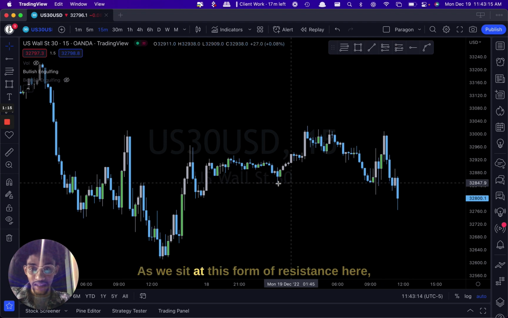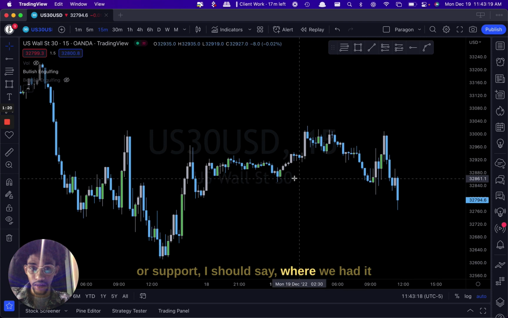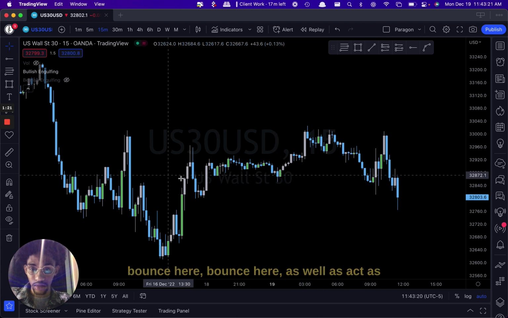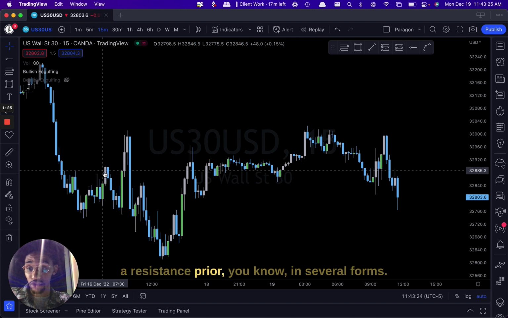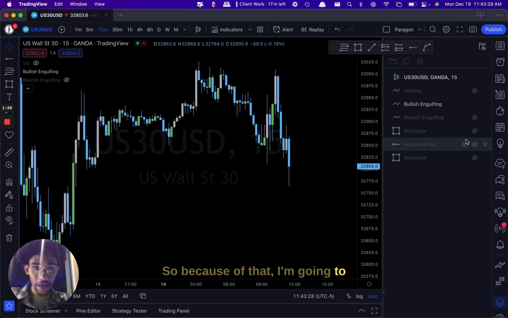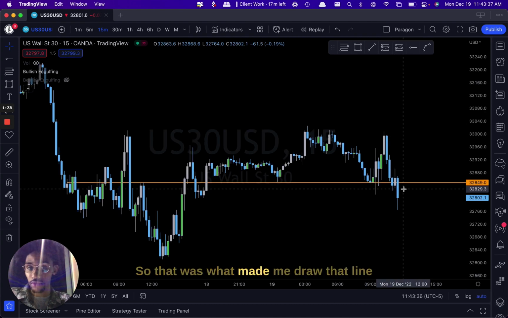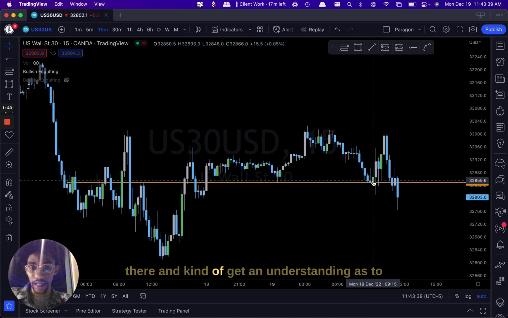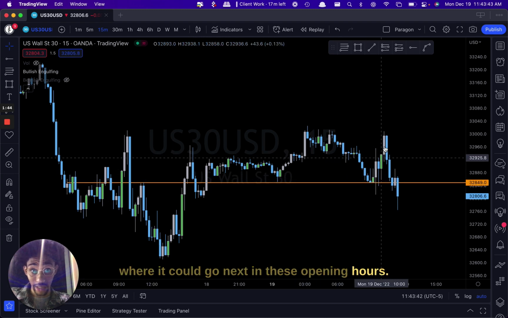As we sit at this form of support, where we had it bounce here, as well as act as a resistance prior in several forms. Because of that, I'm going to go ahead and draw this array here. Boom. That was what made me draw that line there and get an understanding as to where it could go next in its opening hours.